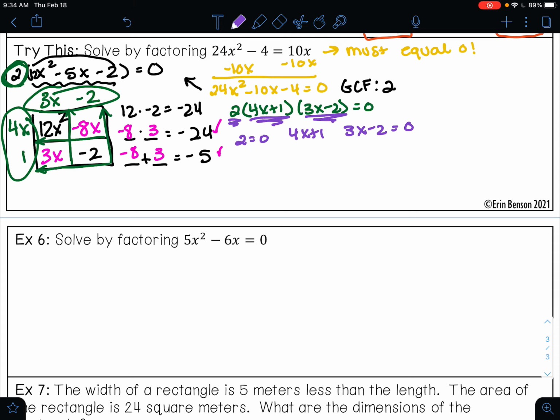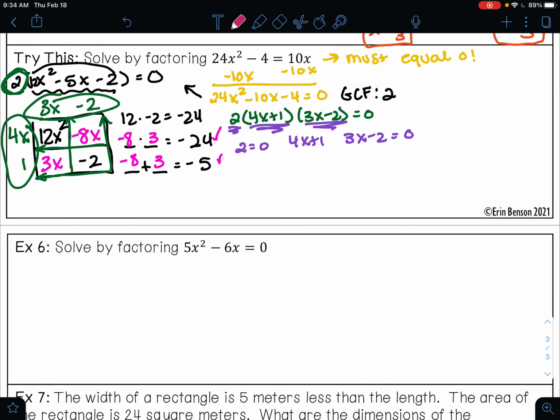So let's look at all 3 equations that I've written here. This first equation, 2 equals 0. Is that a true statement? Does the number 2 equal 0? No, that's a false statement. And because it's a false statement, we can ignore it and it goes away.